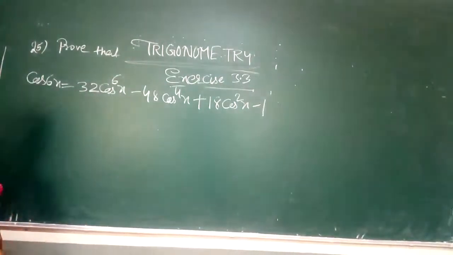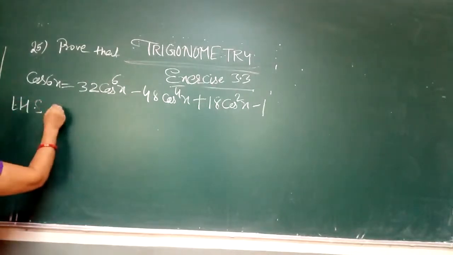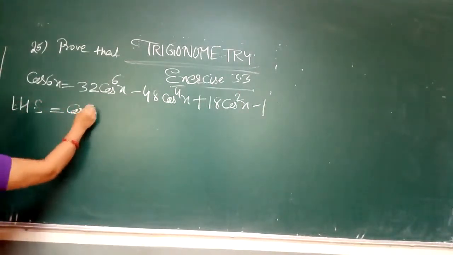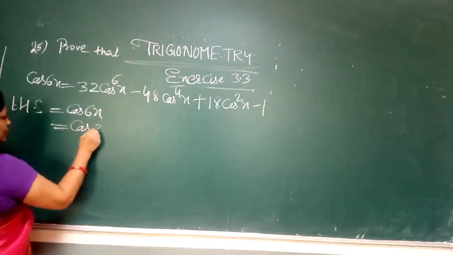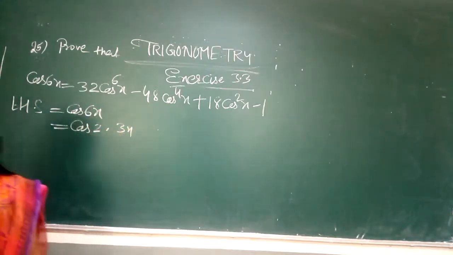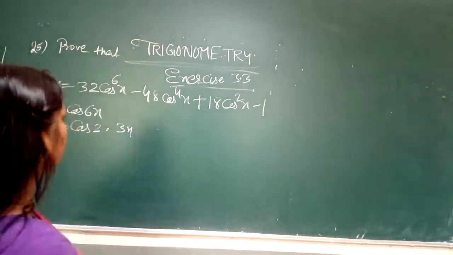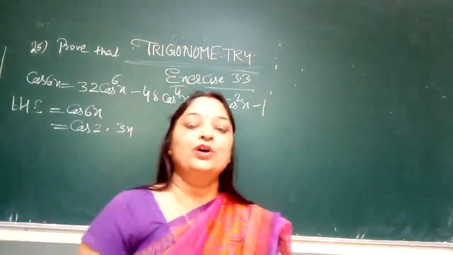Which term will we take here? This LHS. So LHS is cos of 6x, and we can write this cos 6x as cos 2 into 3x. You know cos 2 theta. What is the formula of cos 2 theta? Here we have to change the right hand side in the form of cos.